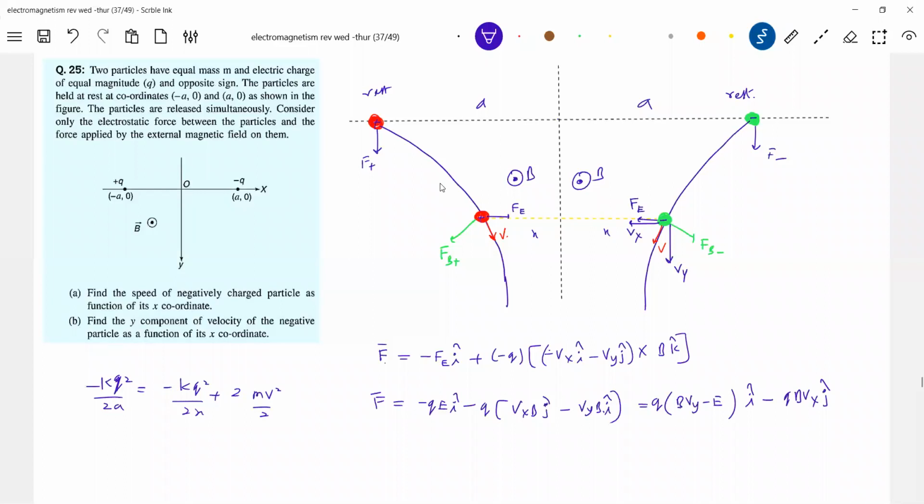He's asking the y component of velocity. So shall we break this up? This will have two components of acceleration. So for the y component, m dVy by dt should be equal to minus q B Vx.